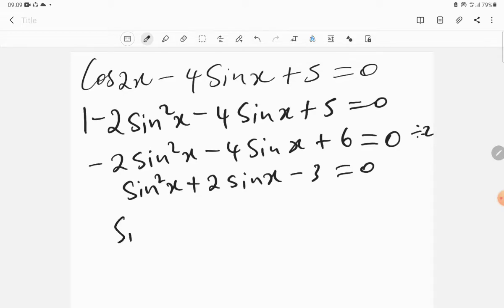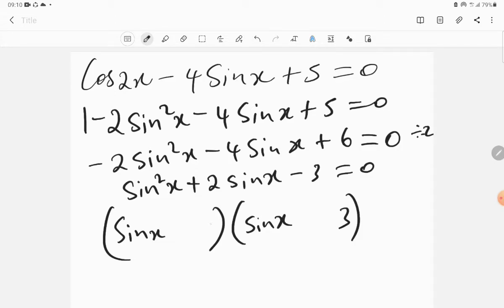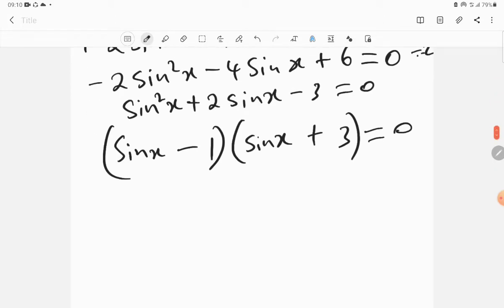Now, the factors of the first term are sine x and sine x. The factors of the last term are 3 and 1. And of course, when you add 3 and negative 1, you are going to get 2. Then this is what you have. So let's continue, which means sine x is equal to 1, or sine x is equal to negative 3.